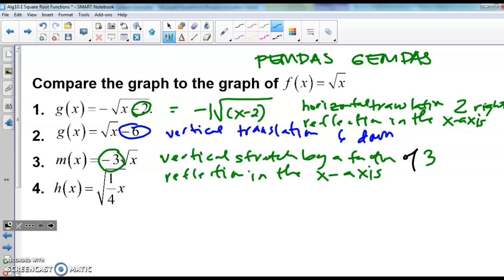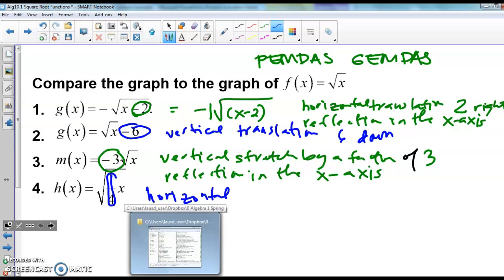Last but not the least, you have a constant multiplied inside the radical sign. The fraction 1/4 is part of the radicand, so that's a horizontal effect. Since it's a horizontal transformation, you have to reverse the effect, or go to the opposite direction.